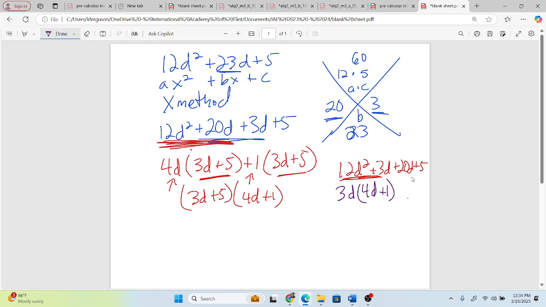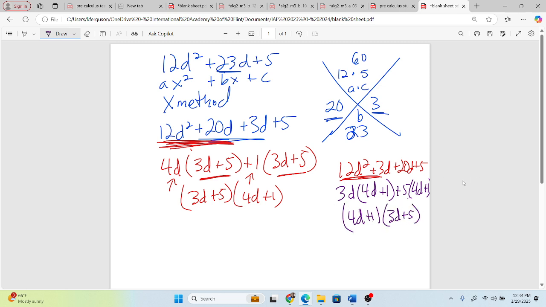What do these two things have in common? A 5. So I'll pull out a 5, and then what's left? 4D plus 1. See how it doesn't matter which way you go, you still get the same stuff. And then I got 4D plus 1, and that's in parentheses, and then I say 3D plus 5.